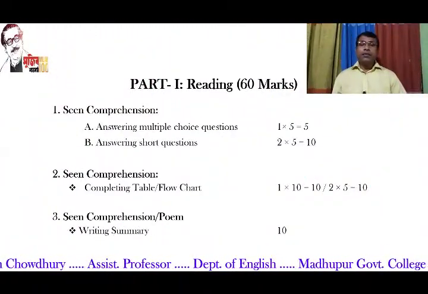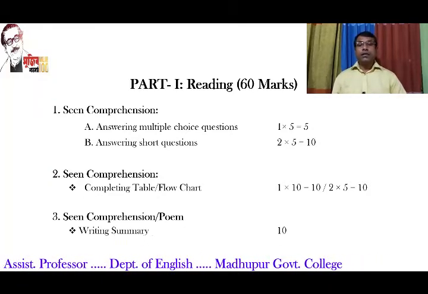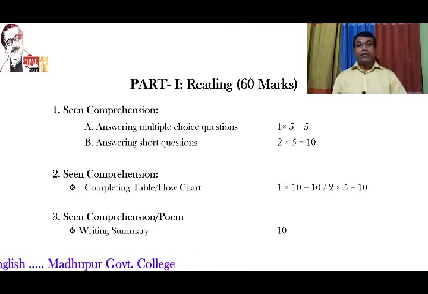Here in this slide, my dear students, you can see part 1, that is reading test, which carries 60 marks. And in this part, if you look at the type of question that we are going to have, you will see in question number 1, a seen comprehension.